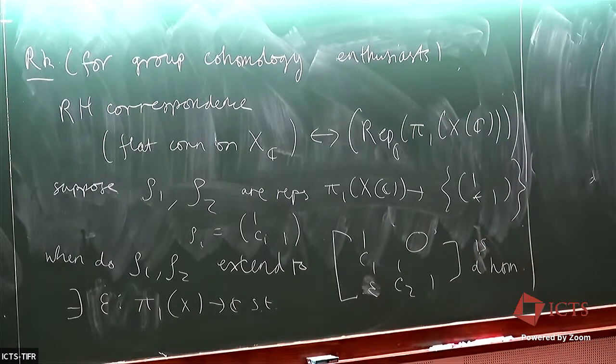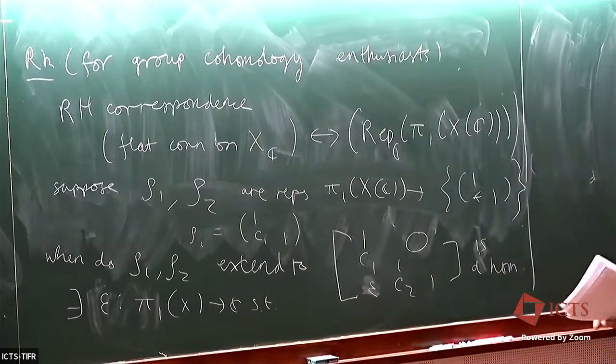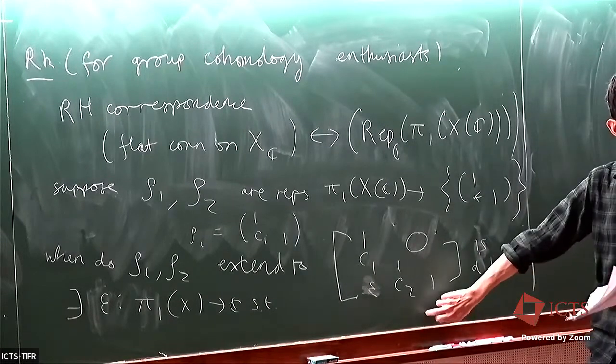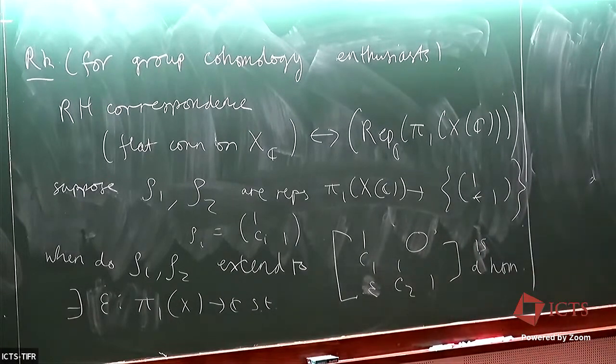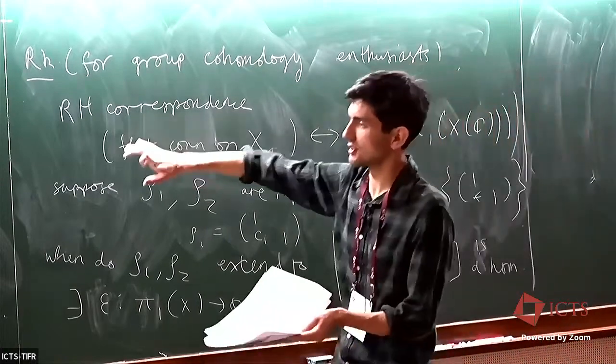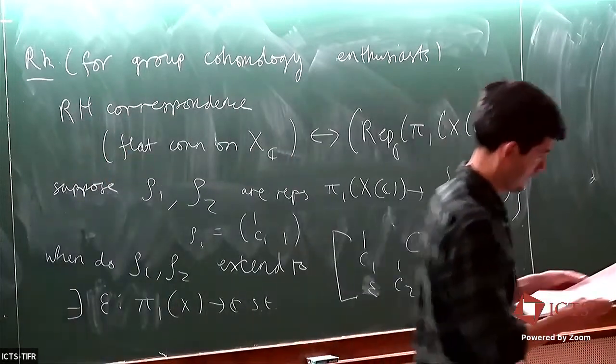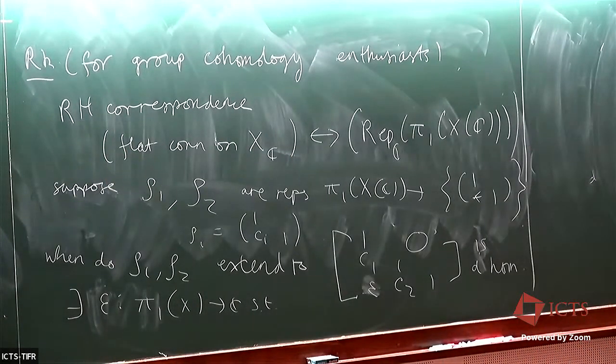This is just an extension of local systems, so it's just on the representation side. But then under the Riemann-Hilbert correspondence, it gives you a vector bundle with flat connection, which is the one we're talking about here.